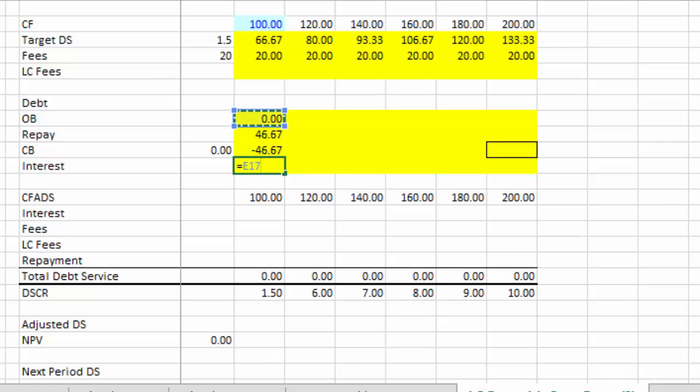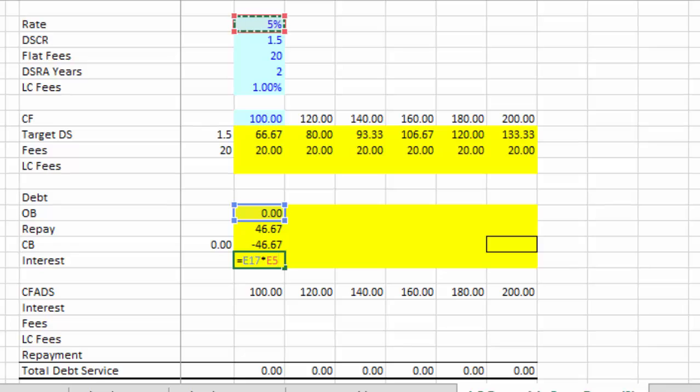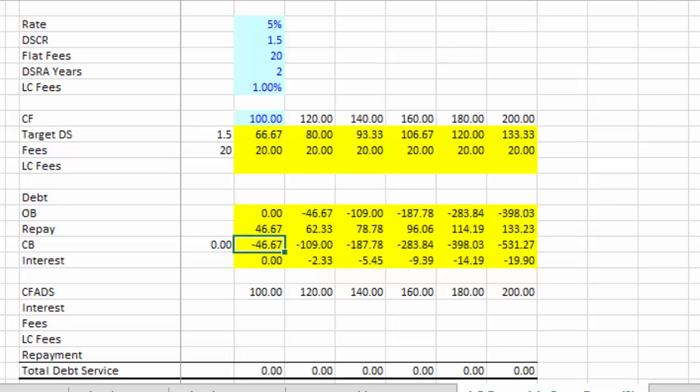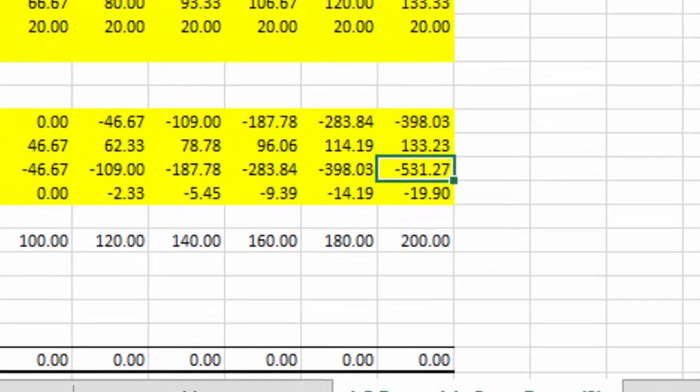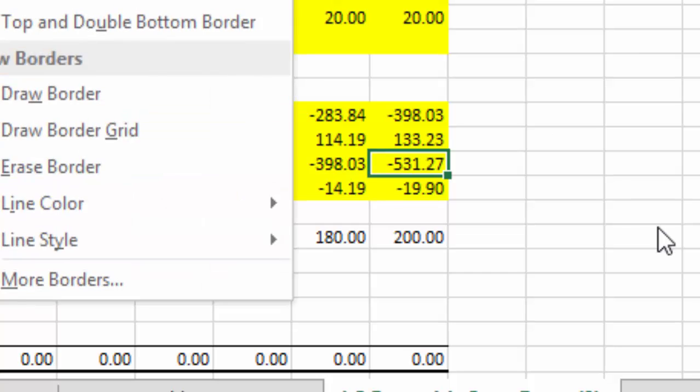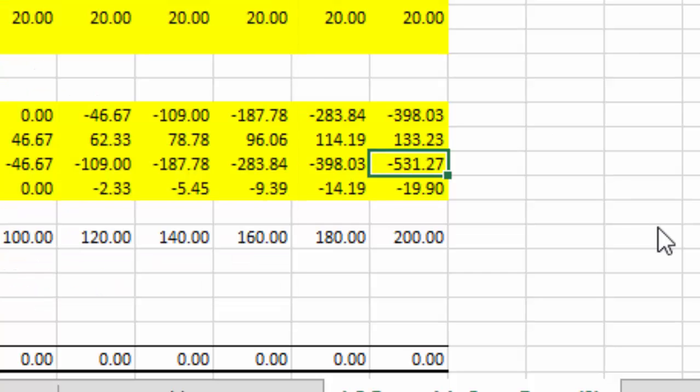I didn't. Opening balance multiplied by the interest rate with the F4. Okay, Shift Control R, and we of course don't have our correct. I didn't have to do that. I could press Shift Control 7 quickly. Okay.